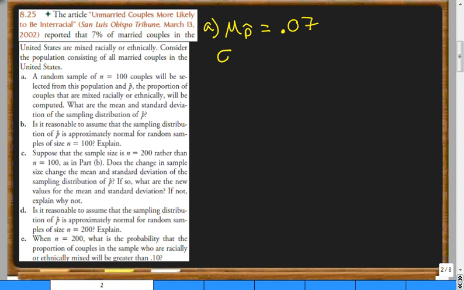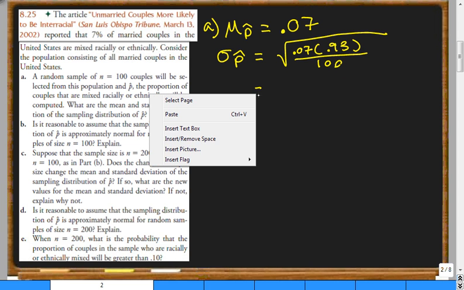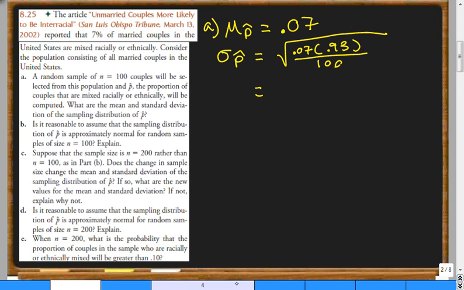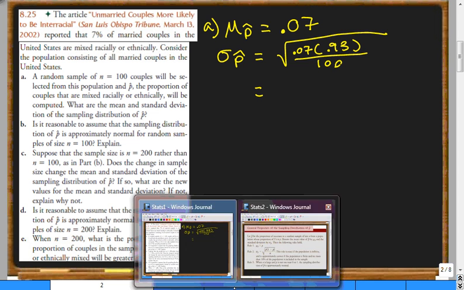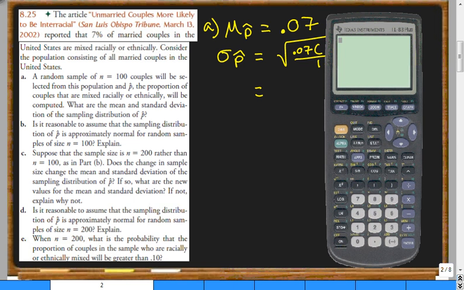And our standard deviation for p hat follows the formula where we do the square root of p times 1 minus p over n. So we just need to replace these things. So p is 0.07, 1 minus p is 0.93, and n is 100.